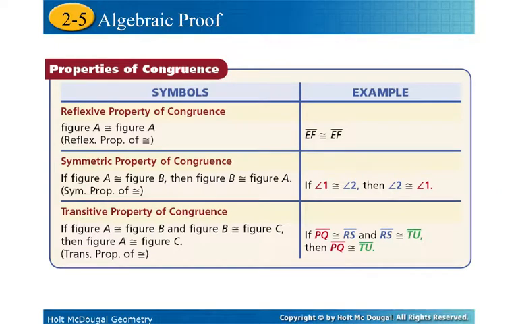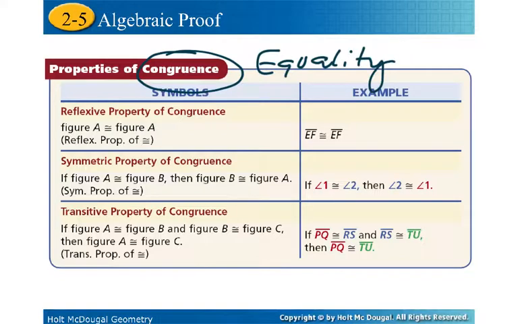All right. So the next piece here is a little bit different, because notice that we do see the word congruence instead of equality. Okay. And so really the only difference is that we are now talking about symbols or shapes versus numbers. Okay, and so in the previous one, numbers was what we were doing with equality. But with congruence, we're using our shapes or items or existing properties.